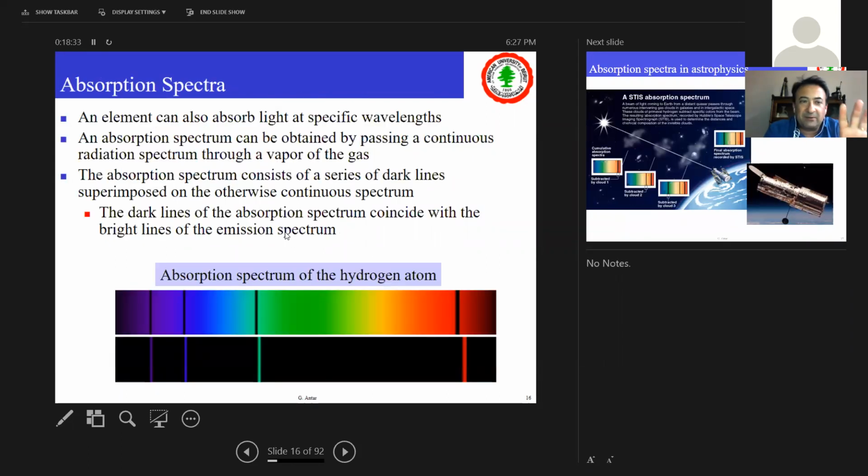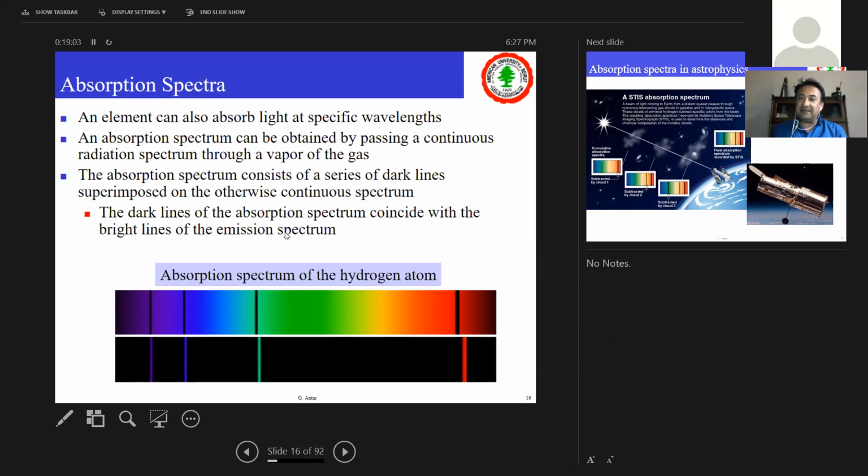Just a few words about the absorption spectra: it is the same thing. If I detect what these atoms in my small tube are emitting, it's also the same as what they are absorbing. That is, if I have white light and I put these tubes with, let's say, hydrogen, and I observe the spectrum of the white light on the back, what I notice is that the same rays as the ones which are emitted are the ones which are absorbed.